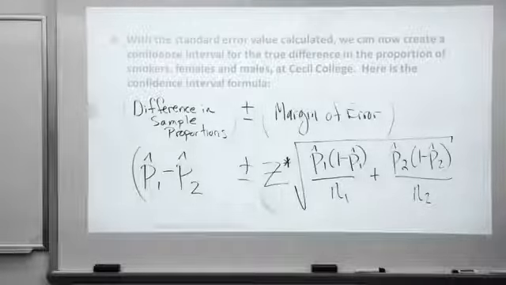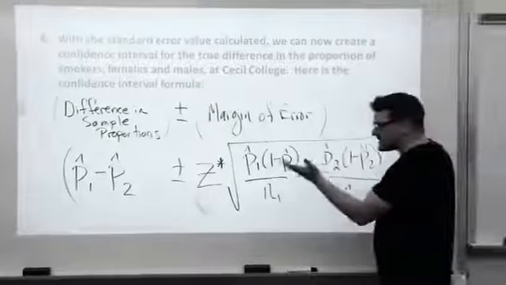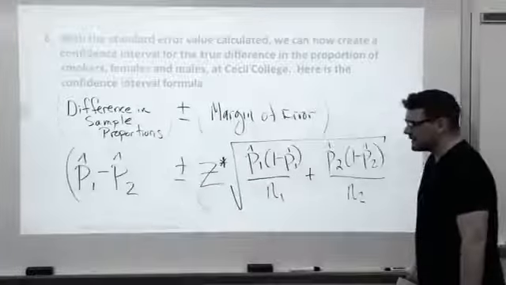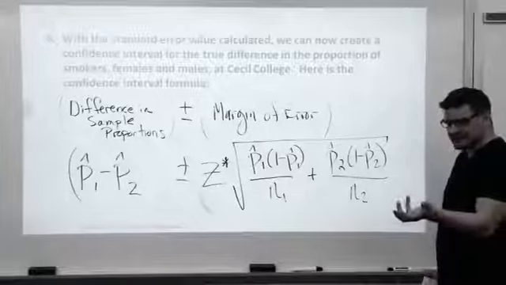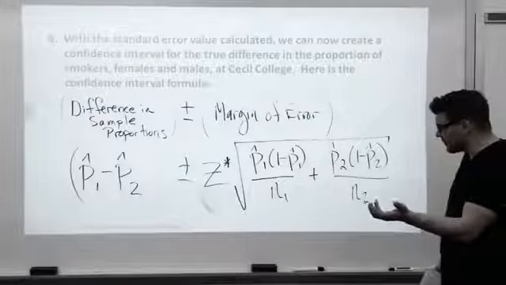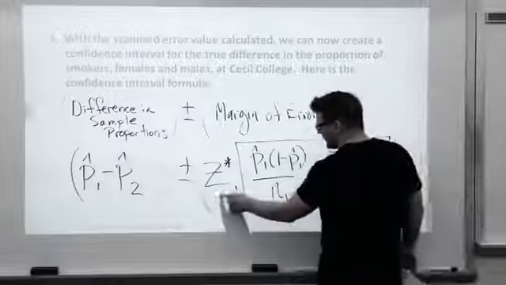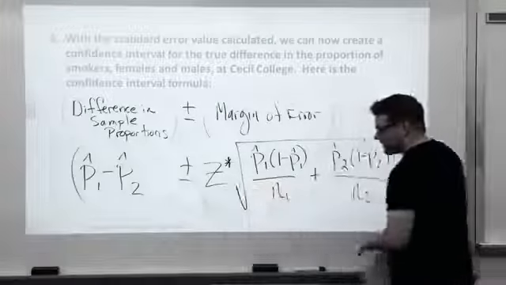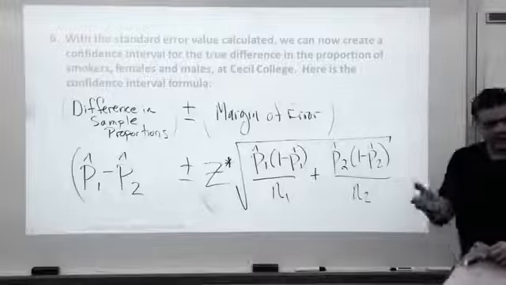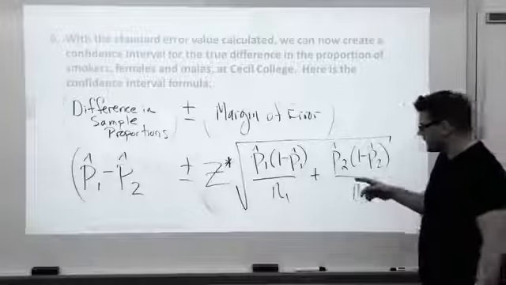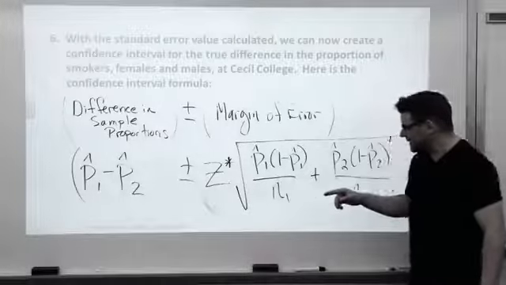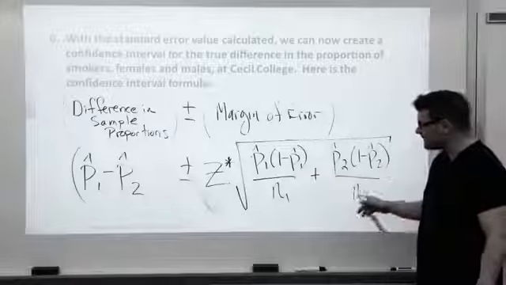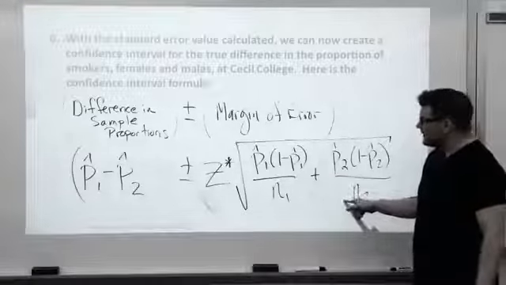And the formula makes sense. My best guess for the difference, females versus males, would be 5%. That's the 25% minus 20%. Then I'm going to jump out a certain number of standard errors. If I wanted to be 95% confident, I would jump out about 1.96 standard errors. If I wanted to be 99% confident, I would jump out more, right? 2.576.